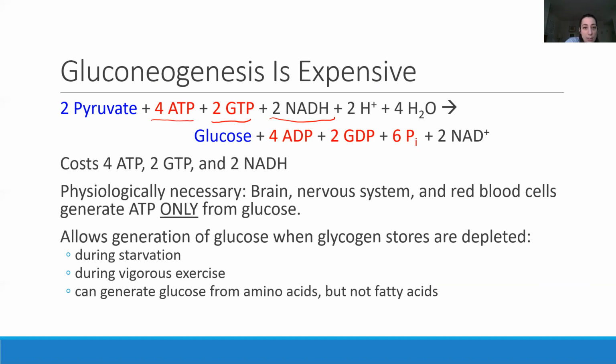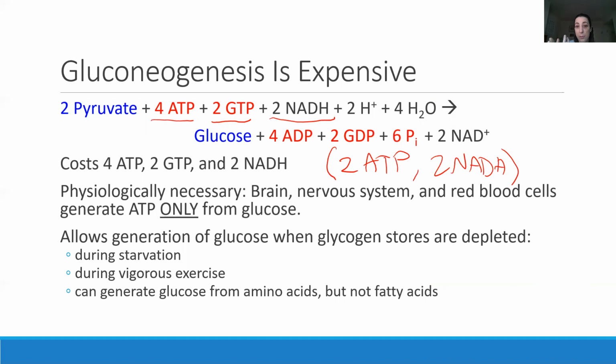Remember that glycolysis, its net generation of ATP is only 2 ATP that it makes, and it makes 2 NADH. So going in reverse to make glucose is very expensive.